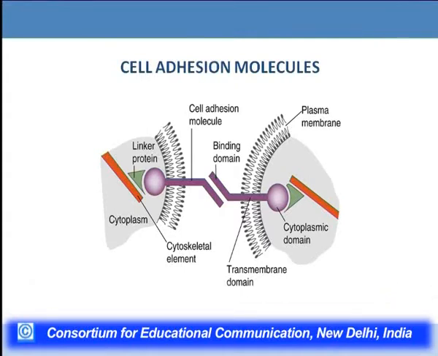Now the cytoplasmic tails are bound to cytoskeletal elements through linker proteins. They are not bound directly to the cytoskeletal protein. Instead they are bound to linker proteins which are then bound to cytoskeletal elements. And the arrangement of different types of cytoskeletal elements gives rise to different types of junctions in various types of cells.